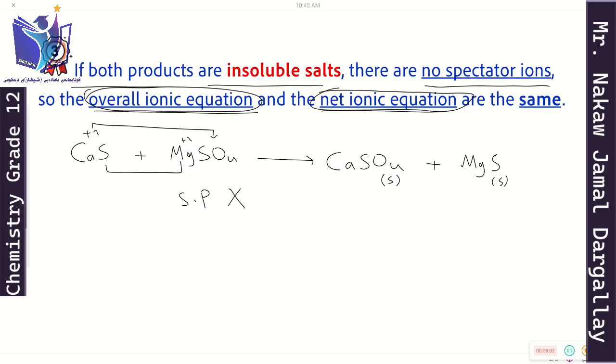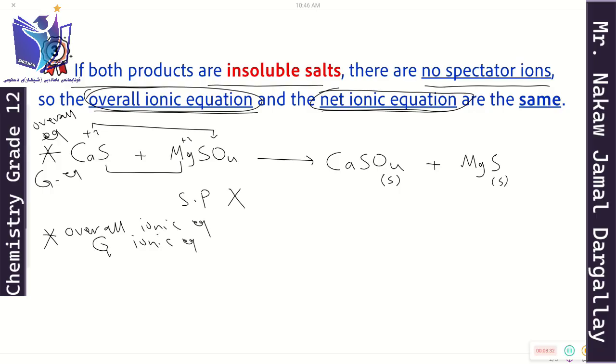This equation is called overall equation, or we can say general equation. We convert the overall equation to overall ionic equation or general ionic equation.